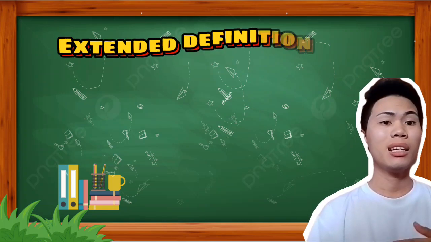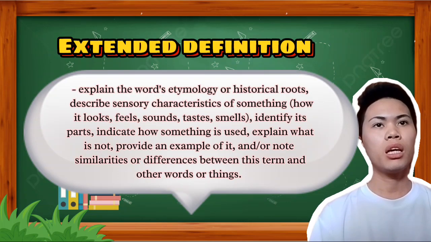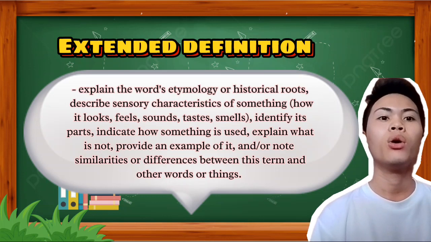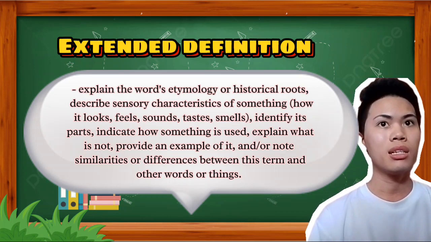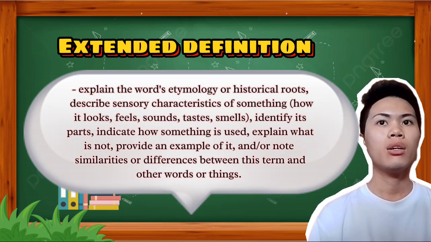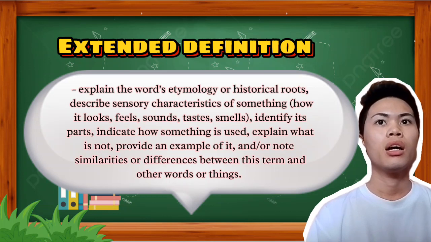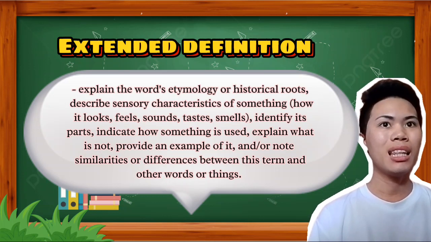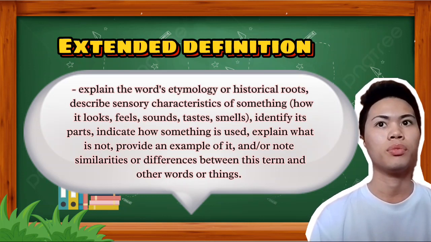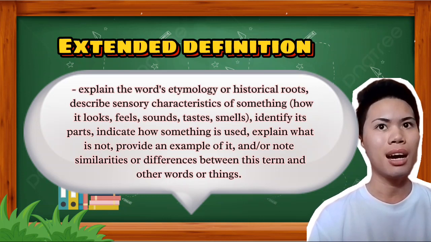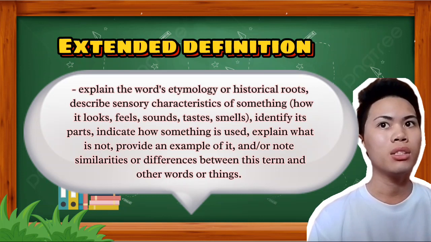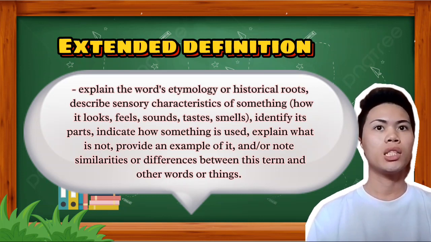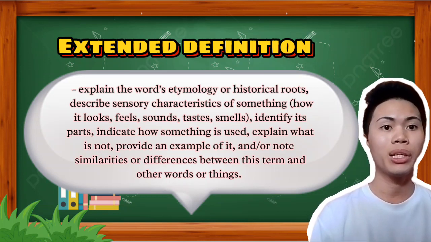An extended definition may explain the word's etymology or historical roots, describe sensory characteristics of something, how it looks, feels, sounds, tastes, smells. Identify its parts, indicate how something is used. Explain what it is not, provide an example of it, and or note similarities or differences between this term and other words or things.